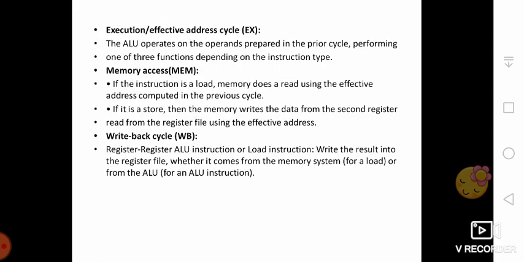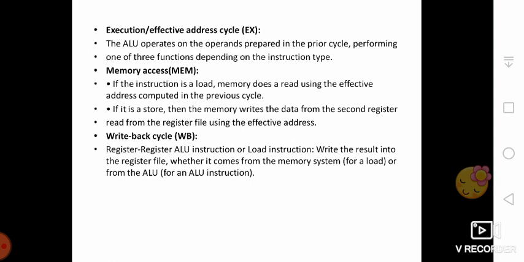Then the third one is the execution or effective address cycle, EX. The ALU operates on the operands prepared in the prior cycle, performing one of three functions depending on the instruction type. For a memory reference, the ALU adds the base register and the offset to form the effective address.